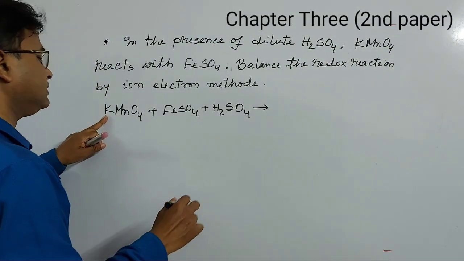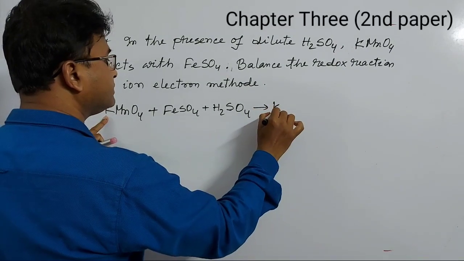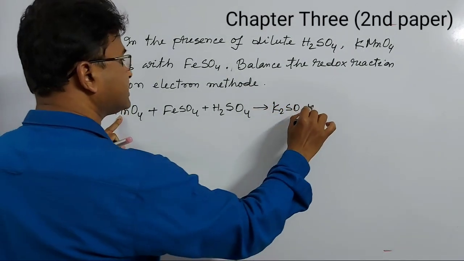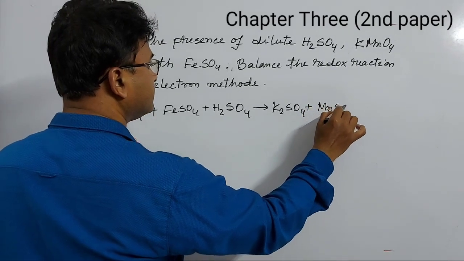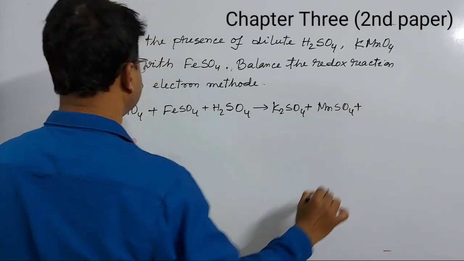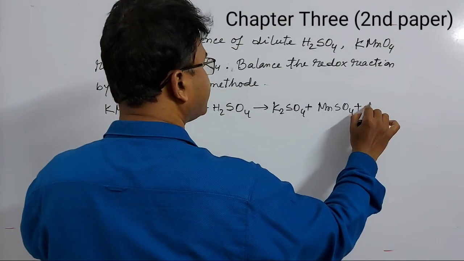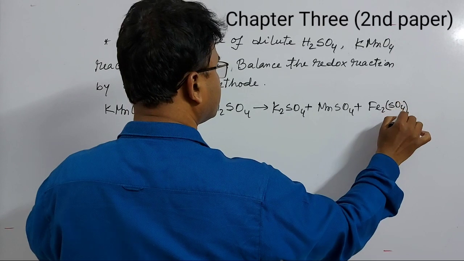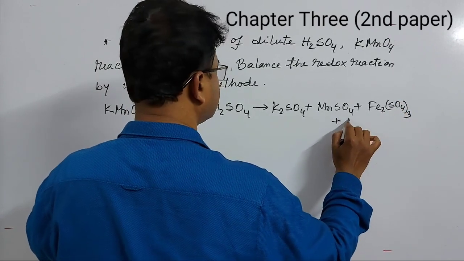Here the metal is potassium sulfate plus manganese sulfate plus ferric sulfate plus water.